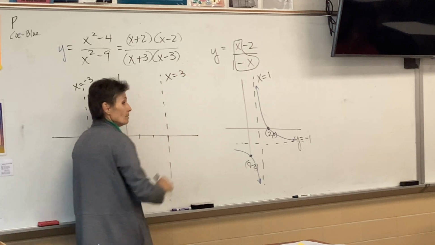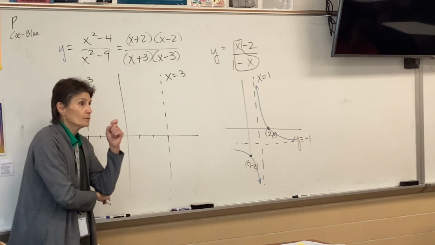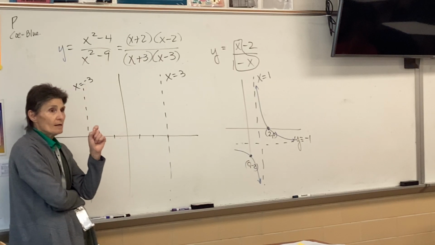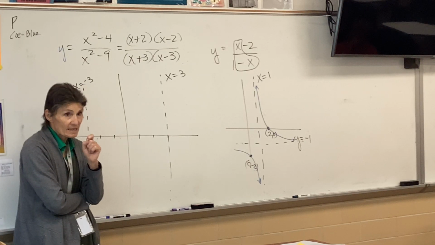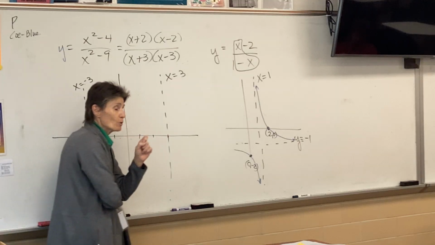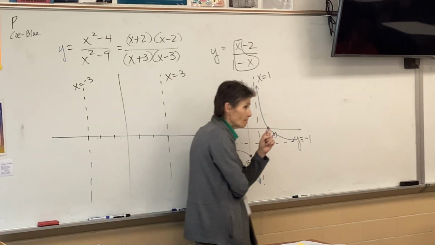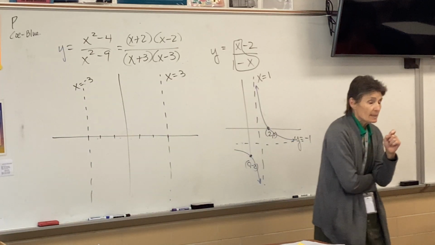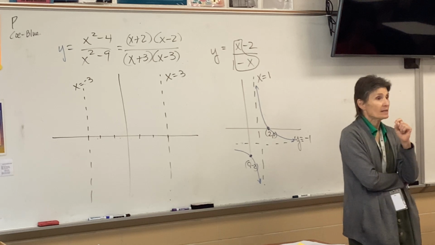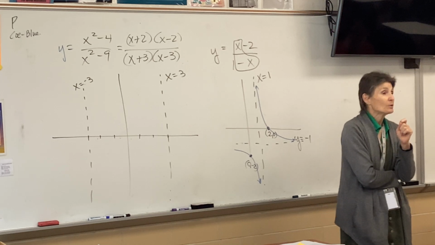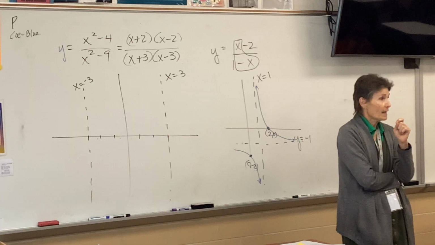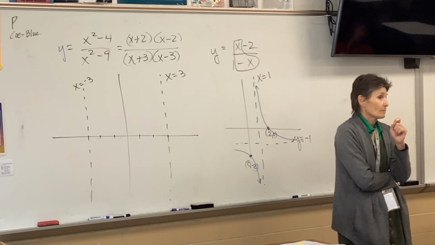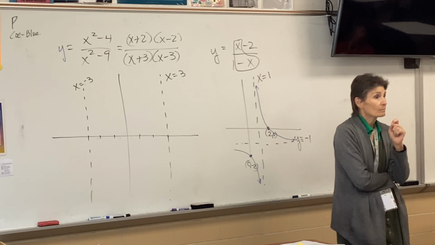Remember, your wise old teacher suggested that you write down where these things come from. Where do vertical asymptotes come from? The denominator. If there are 2 things in the denominator, then guess what? You have 2 vertical asymptotes. All right, what's next?